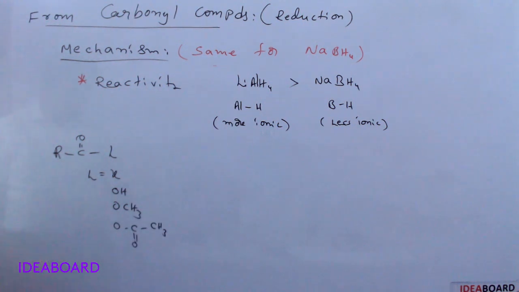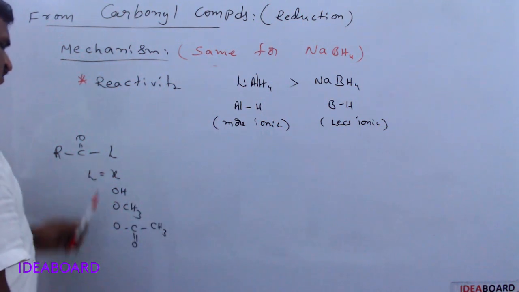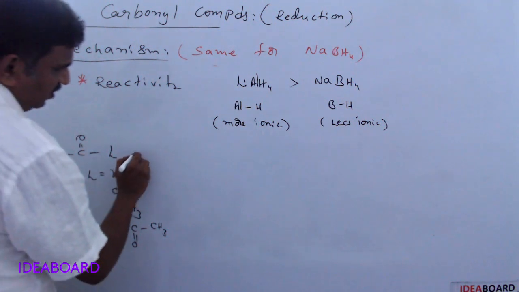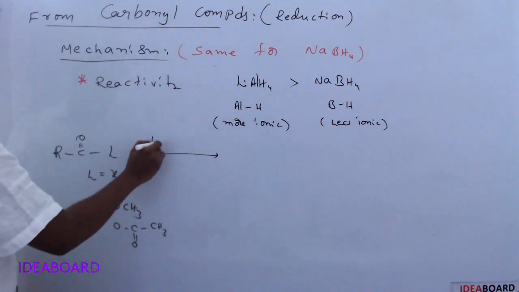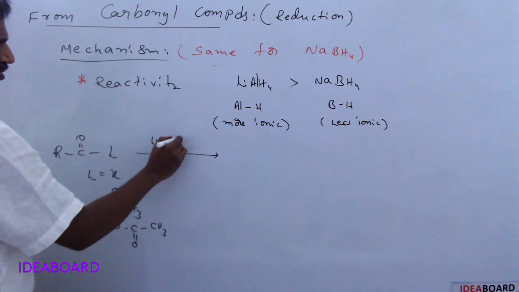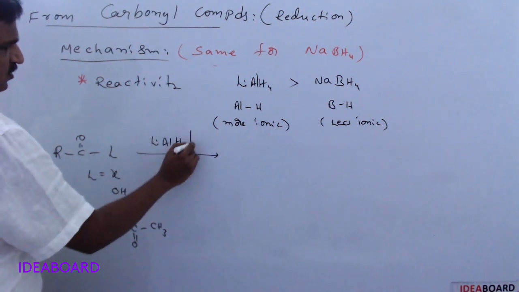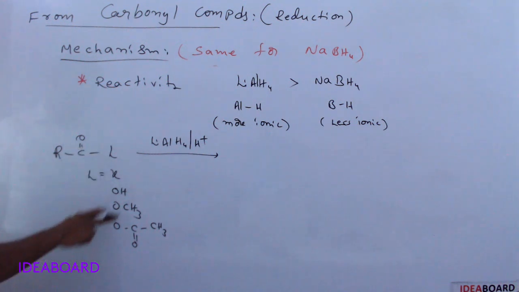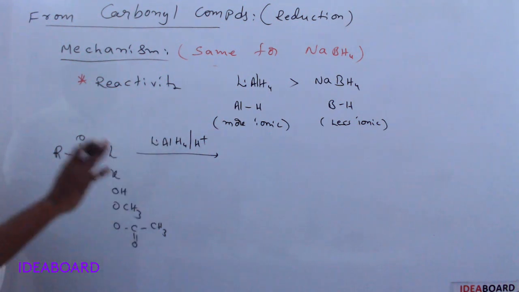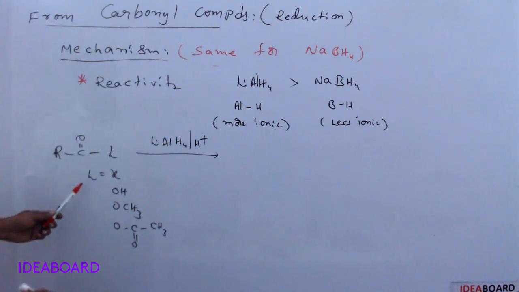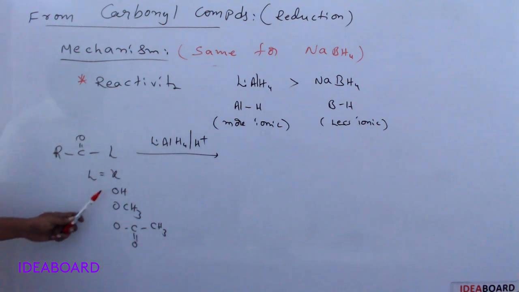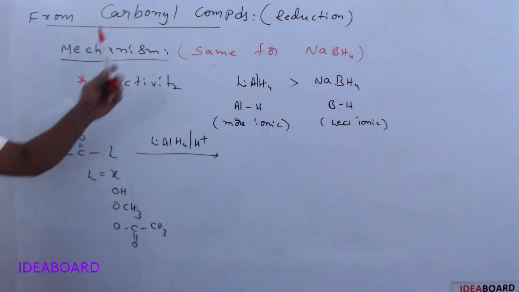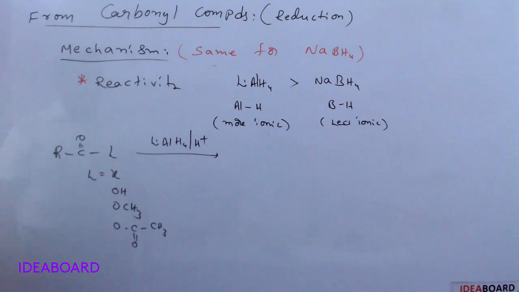Any one we can take. In the presence of any of these, we can write the reduction reaction using lithium aluminum hydride and H plus. But the same reaction we can't get for all the reactants. Only for acid halides can we use sodium borohydride because of its lower reactivity.